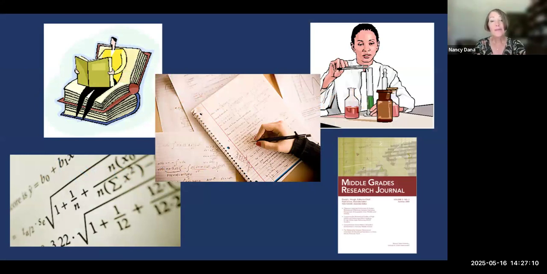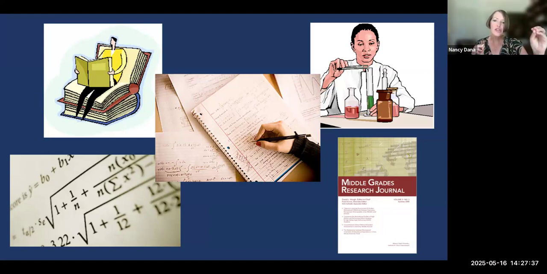When I teach about the process of inquiry, if I use the word action research or teacher research or classroom research, it usually sends some bristles up the spines of teachers when they're first introduced to the process, because they think of these images that are associated with that word research.